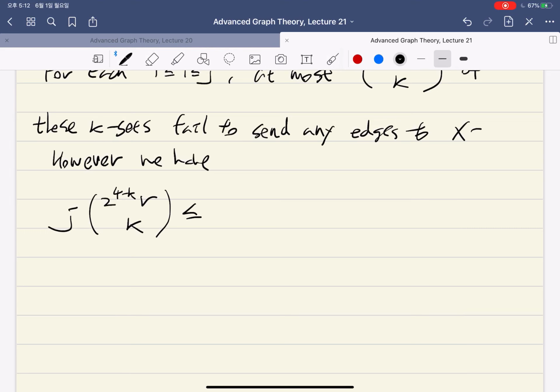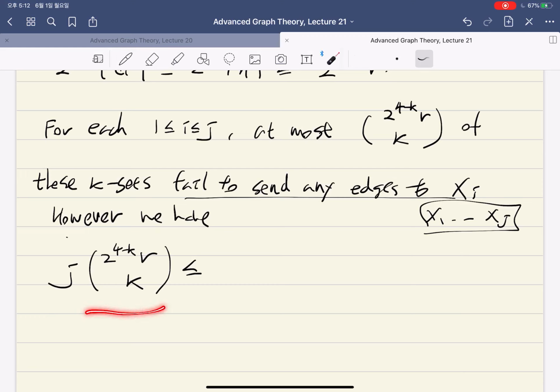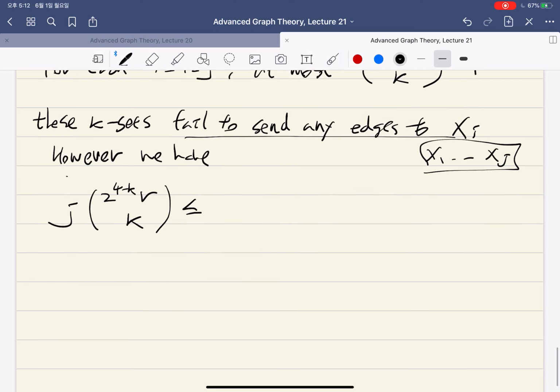So this many sets of size k fail to send any edges to x1 to xj. There are this many sets of size k which fail to send any edge to x1, this many which fail to send any edge to x2, and so on to xj. So that many sets actually fail to send any edges to one of the previous sets.